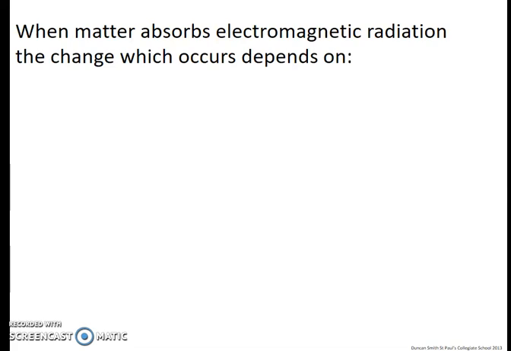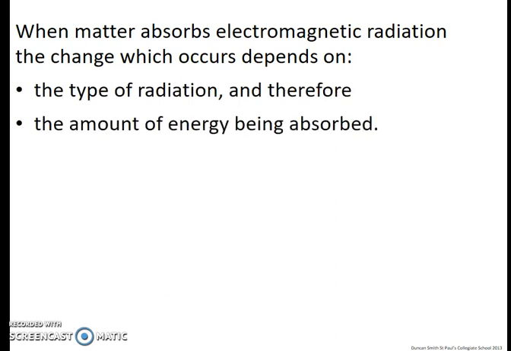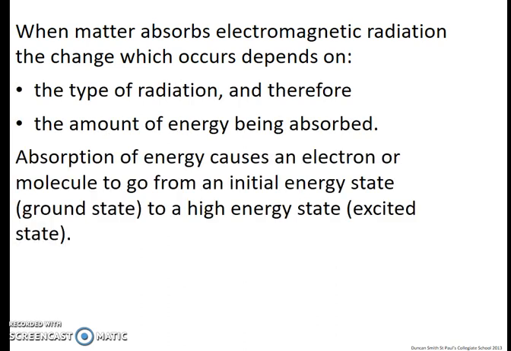Okay, so when we have particles, compounds, elements, molecules, if we bombard them with electromagnetic radiation, if that radiation is at the correct frequency, then some of that energy may be absorbed. But that will depend on the type of radiation, which then determines how much energy will be absorbed.